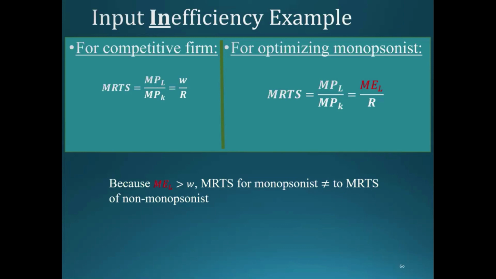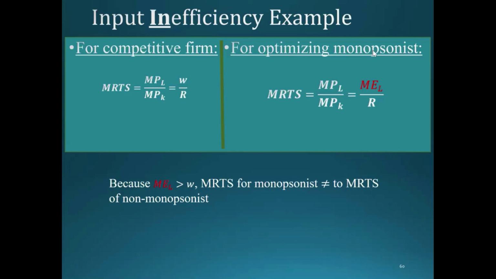So you're going to have a monopsonist setting the marginal rate of technical substitution equal to the marginal expenditure over R, where marginal expenditure is something greater than the wage. Whereas firms operating in a competitive market that don't have any impact on the wage are going to set the marginal rate of technical substitution equal to W over R.